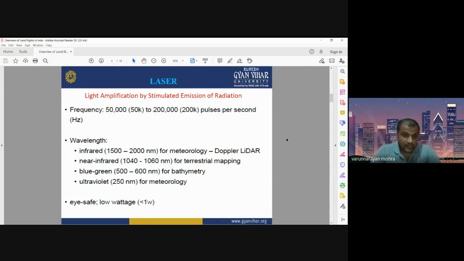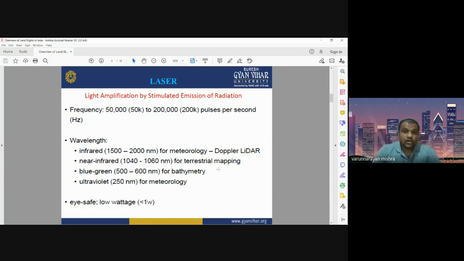This laser works at different wavelength intervals. Like yesterday we discussed, the lidar system works in the infrared portion. Lidar system also works in the near infrared portion, blue, green, ultraviolet, and other portions of the electromagnetic radiation. So lidar works at different wavelength intervals, and it depends on the requirement.